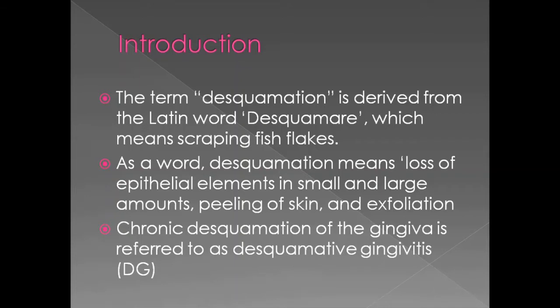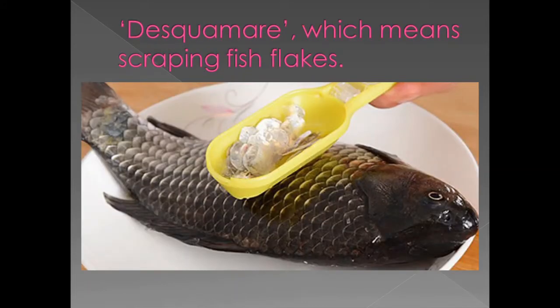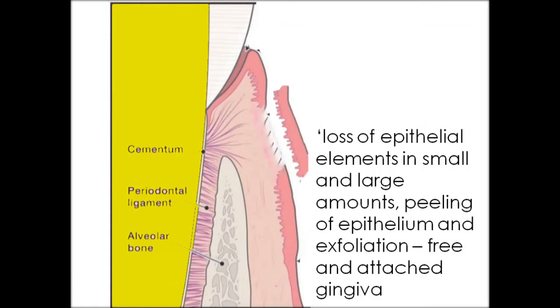And chronic desquamation of gingiva: when the same condition is there in the gingiva, when there is peeling of epithelium in the gingiva, this is known as desquamative gingivitis. Hence this condition will be a very painful one.